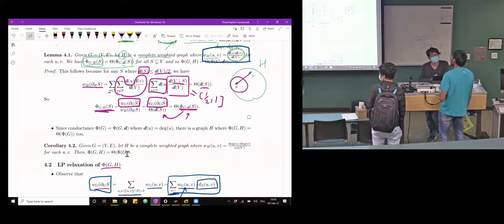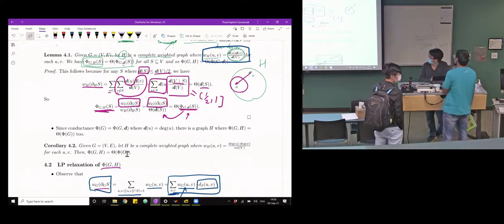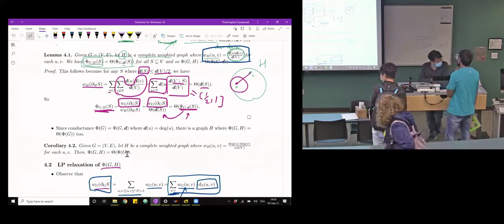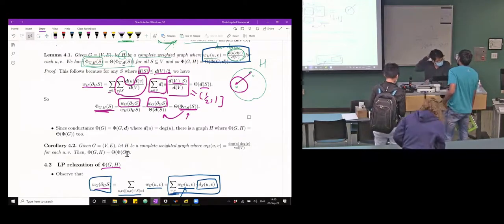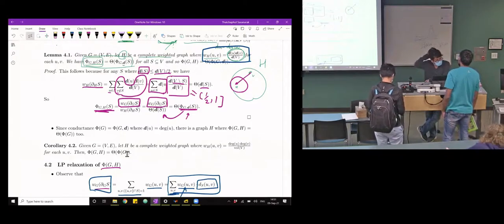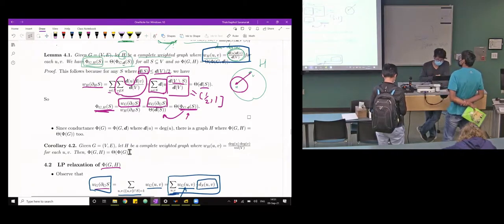This is unintuitive, right? That he is using this G, H thing. Do you have any intuition why it is a good thing to look at? Well, you can also write down the LP for the conductance and use the same approach completely.